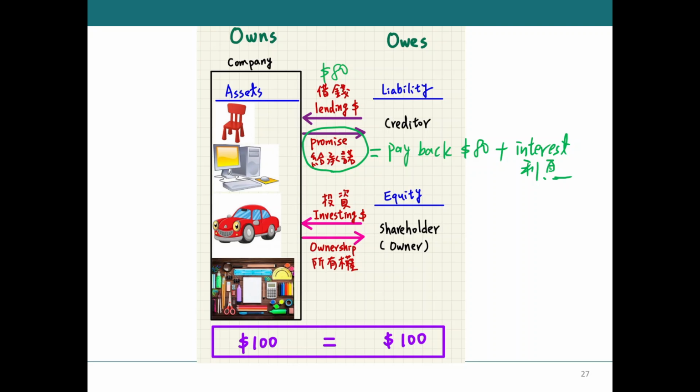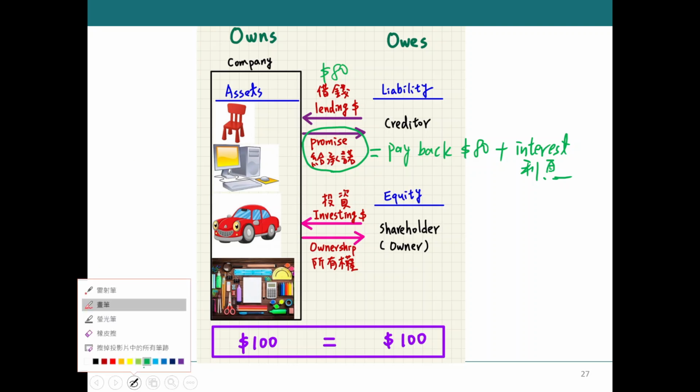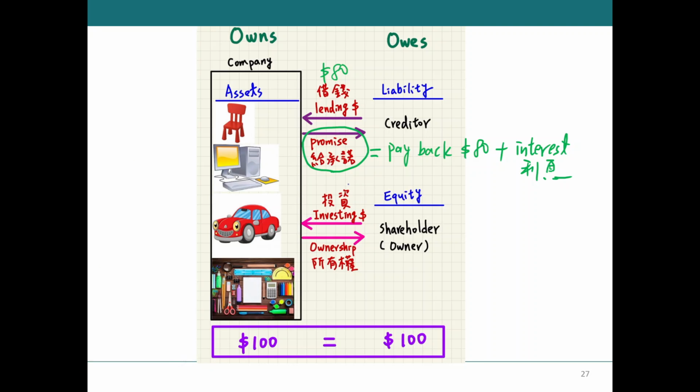So you asked investors, give me $20. So shareholders think, okay, you are a good company, I decide to invest in your company. So they invested $20 in your company. Okay, $20.